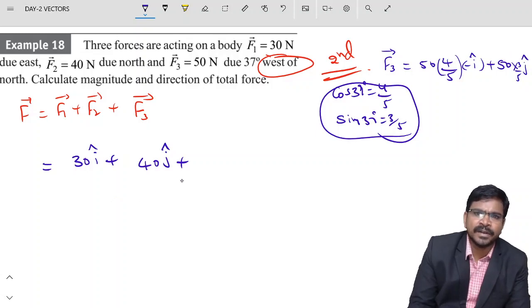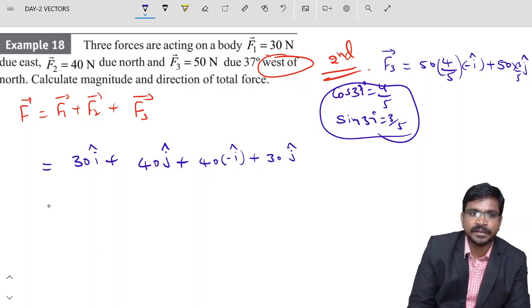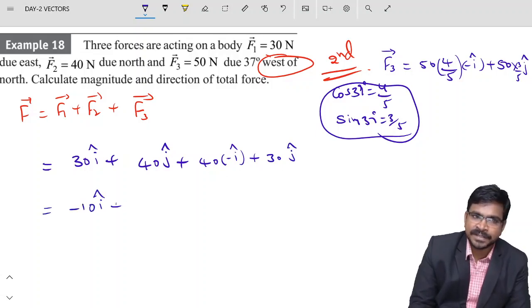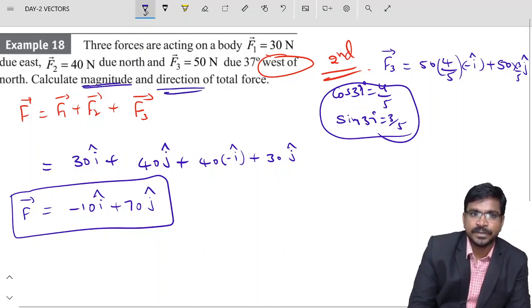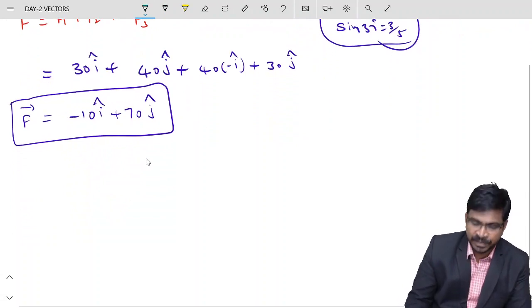So I can write F3 as 40 minus i direction plus 30 plus j direction. Now adding them, minus 10i plus 70j. This is the F vector, but the question asks for magnitude and direction. So here again, a little more simplification.